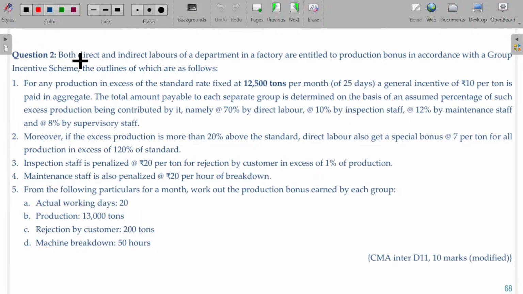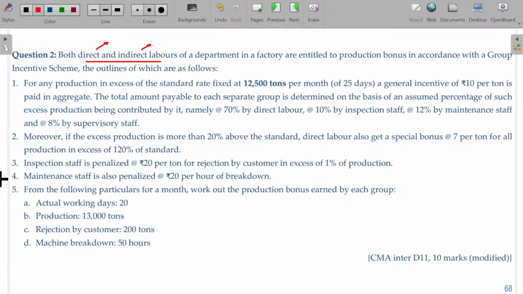Both direct and indirect laborers of a department in a factory. The work done by the direct laborer can be linked with the output, so any wages payable to the direct labor can be easily recognized as part of the output. But some common administrative staff will be called indirect labor.